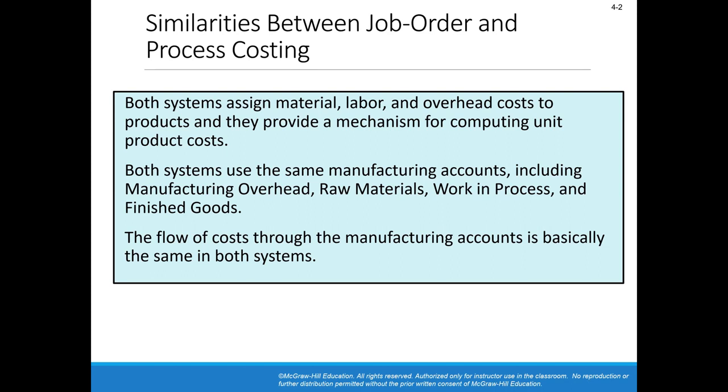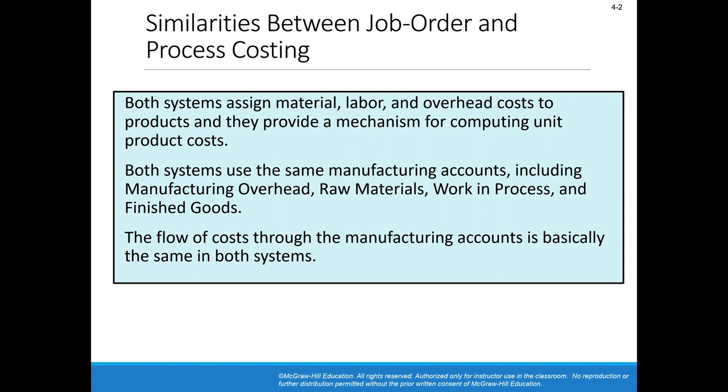So we're still going to be doing that, and we still have those estimated predetermined rates that will be applied, and your actual going to your manufacturing overhead. We won't focus on that as much as what's actually happening with the material. That's what we're going to be going over tonight.